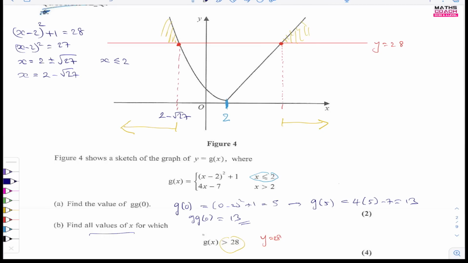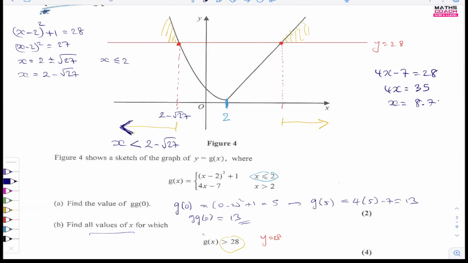And g of x is above 28 for x, if you look at the arrowhead, x less than 2 minus root of 27. Root 27, obviously, you can simplify. Now on the right side, we are intersecting 4x minus 7 with 28. So 4x is equal to 35, and 35 divided by 4, x equals 8.75.